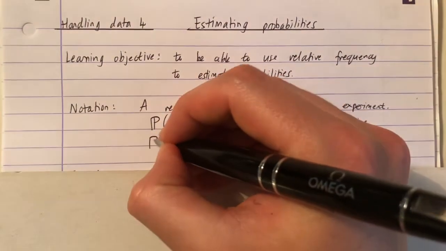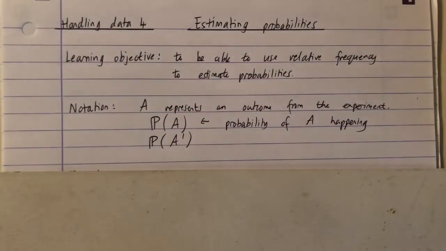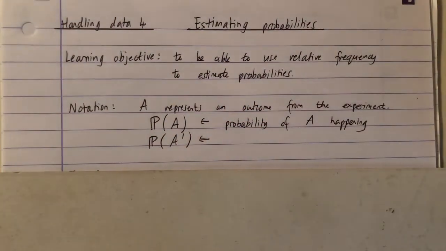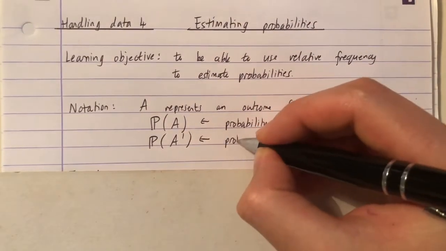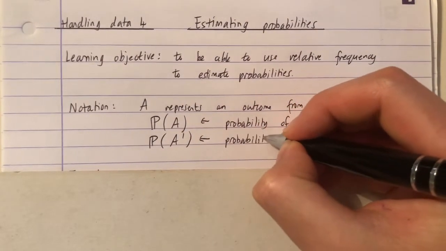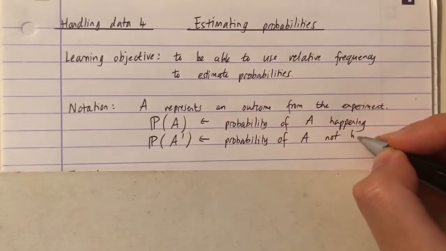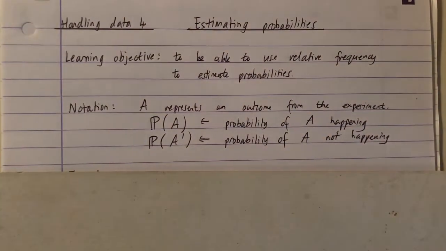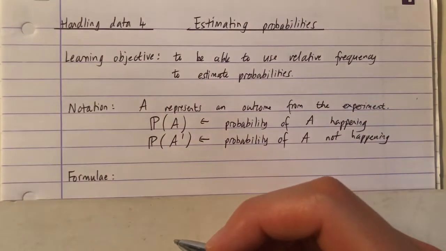And then slightly different is if I put A with a dash next to it, that dash is similar to Venn diagrams actually. That's the probability of A not happening. It's called a complement. And both of those probabilities should add up to 1.